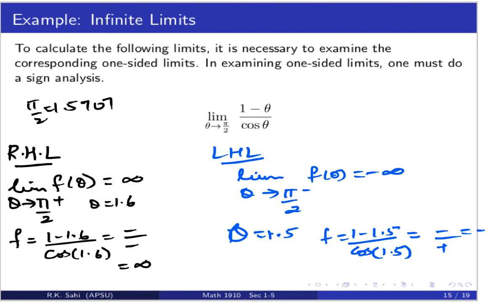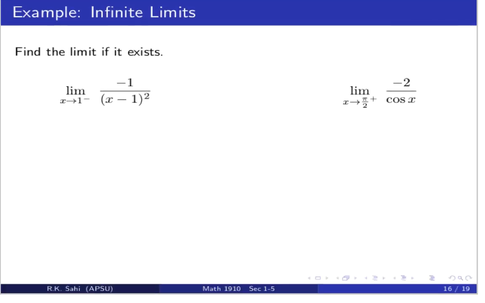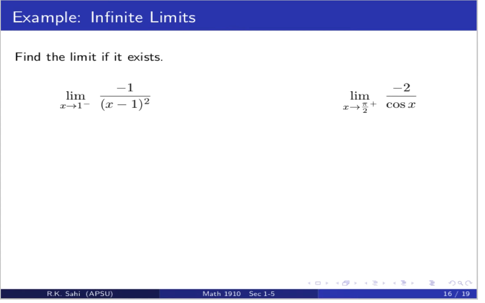Let's look at one example, find the limits. Now I'm just looking at one-sided limits over here. Here it says only 1 minus, so this is simply the left-hand limit only. Again we apply the sign analysis. Remember this is my function f. So I say x is less than 1, so I can say x is 0.9.